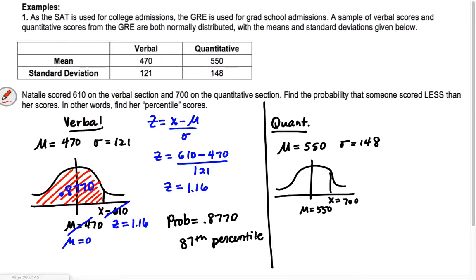We want to find the percent of people that scored below her, so we change them to z-scores. The mean changes into 0, and the x becomes 700 minus our mean of 550, divided by our standard deviation of 148. So 700 minus 550 divided by 148, and I get a z-score of 1.01.